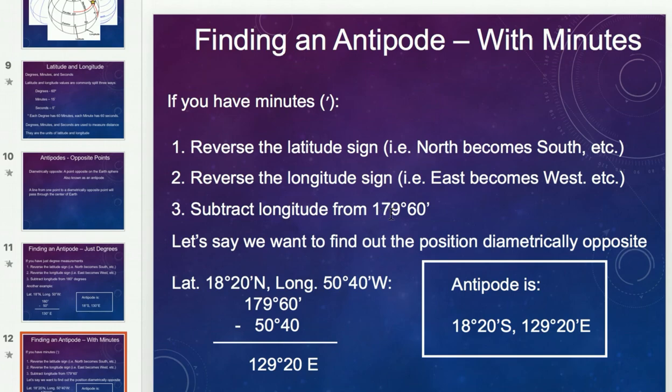So this 179 degrees and 60 minutes equals 180 degrees. Does that make sense? You're doing the same thing. It's just that you made it where you could easily subtract from it.